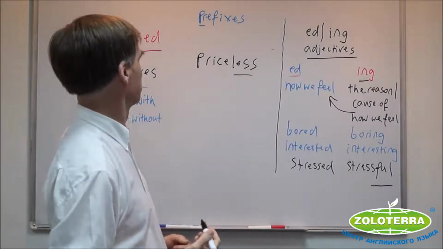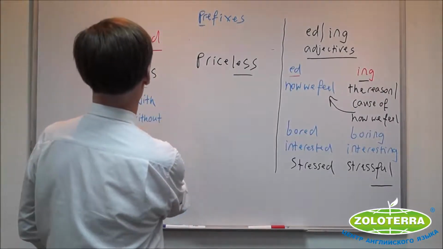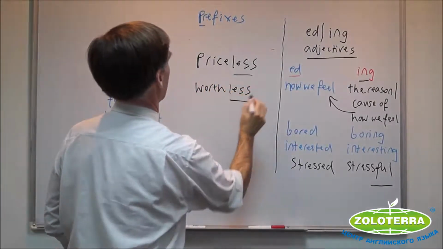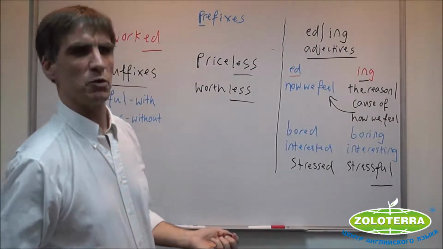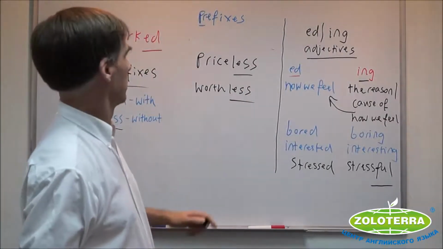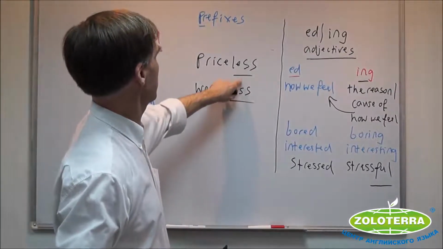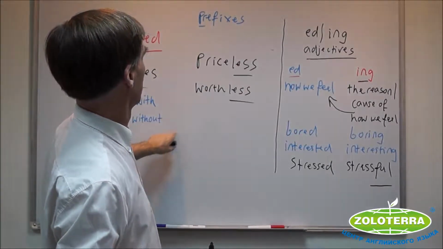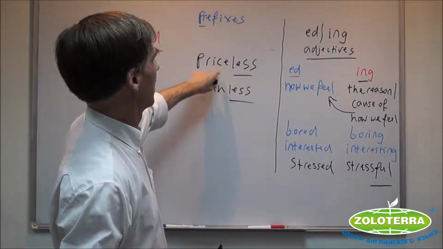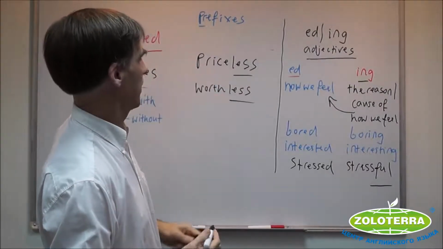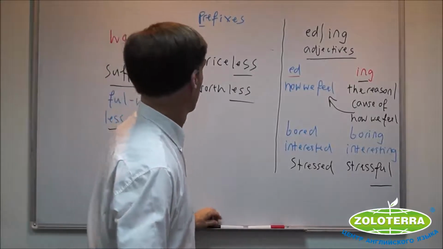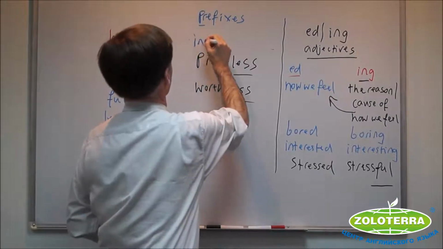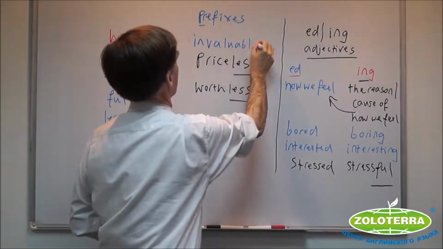The value is so high. So it's this. Worthless. Something is useless, has no value at all. So these suffixes, normally the suffix less means without. Without value, no value is high enough. So again, they are showing the difference. And priceless has a similar meaning to the word we had before of invaluable. So that's why I had the connection.